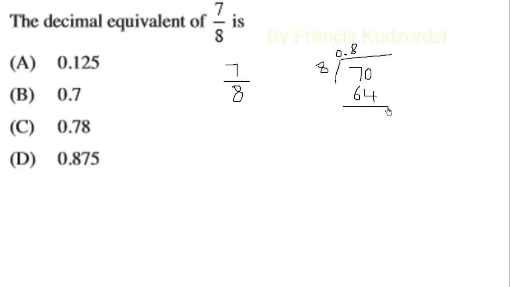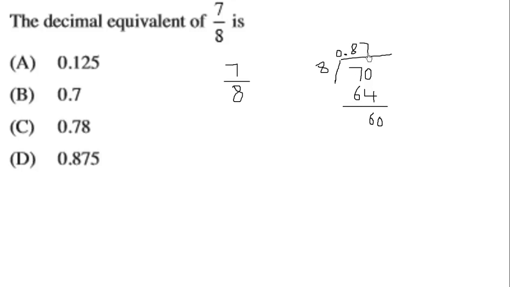So we subtract now. 70 minus 64 is 6. 8 into 6, it cannot go, so we still multiply this by 10. We brought the decimal point already, so we don't bring it again.